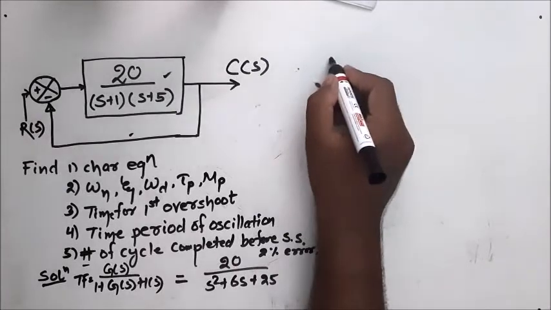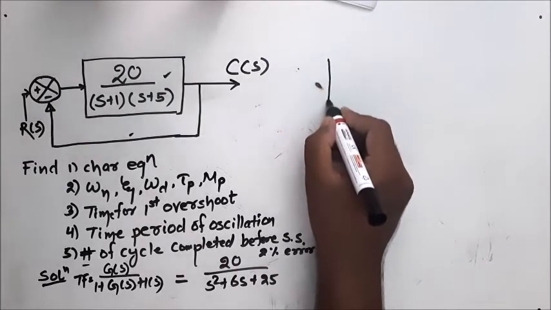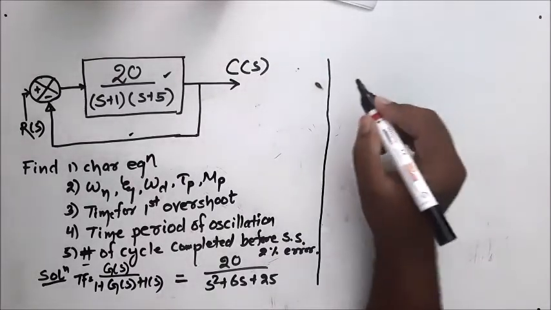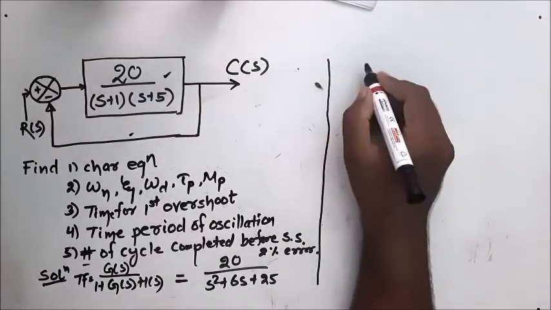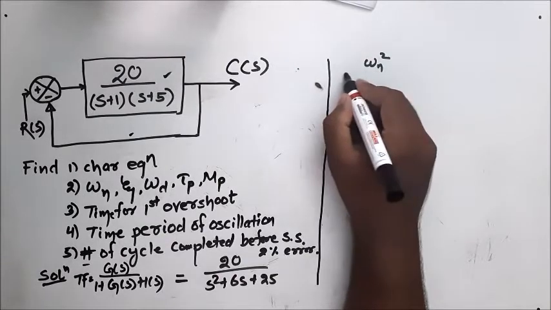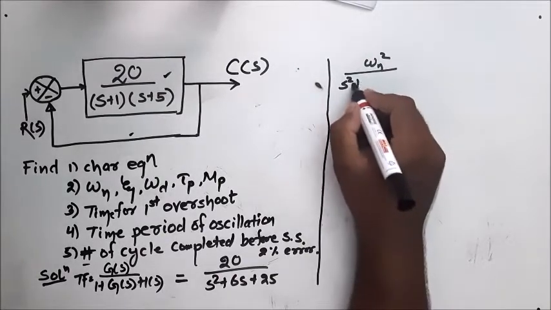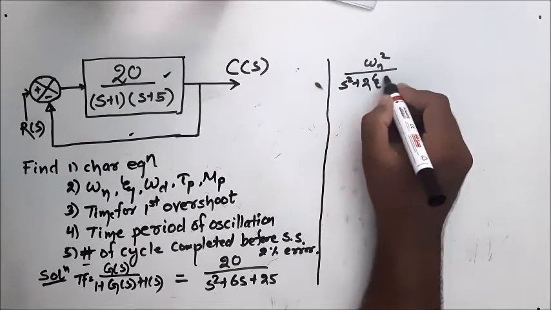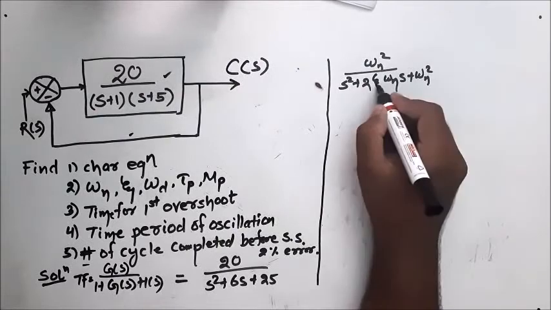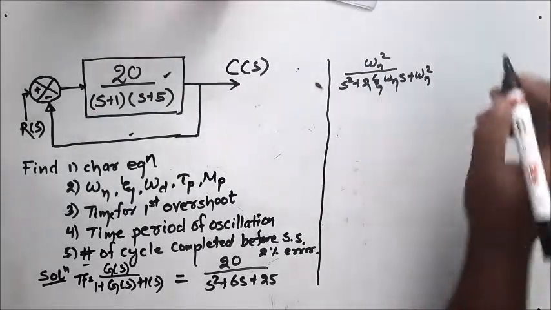But whenever you try to solve any second order system, we know that the system equation will be in the form of omega n square divided by s square plus 2 zeta omega n s plus omega n square. This is a standard equation.